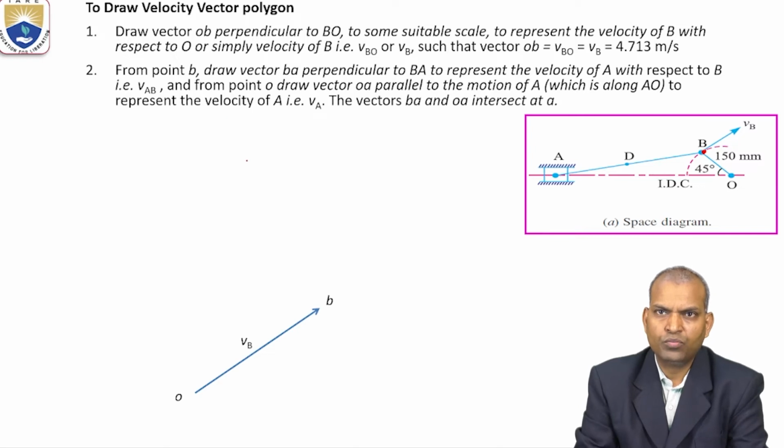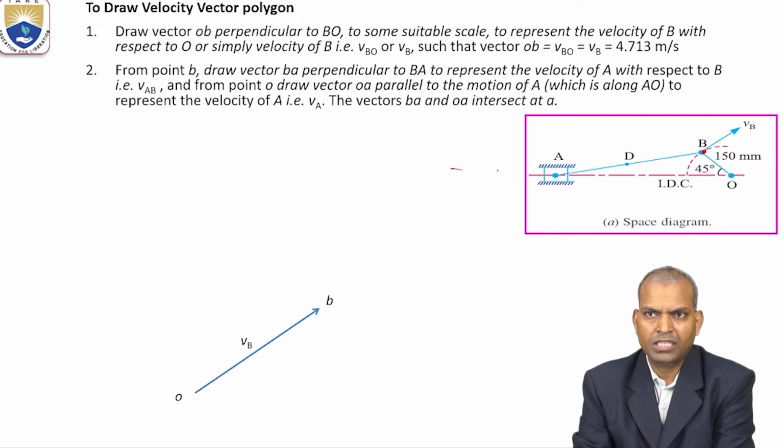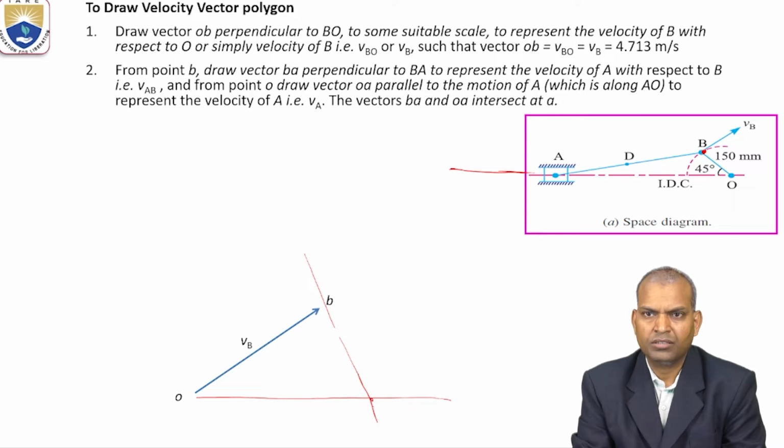And from point O, we have to draw a parallel line, because the velocity of the slider is linear velocity. Then it intersects at that point.